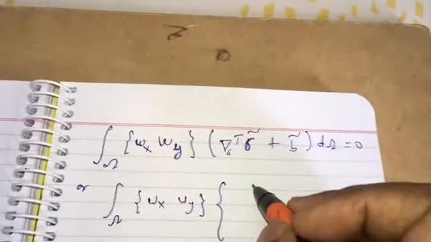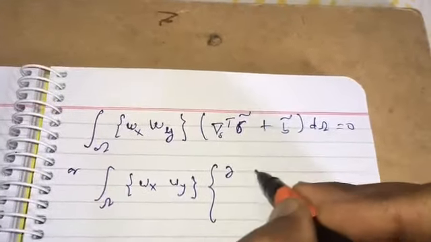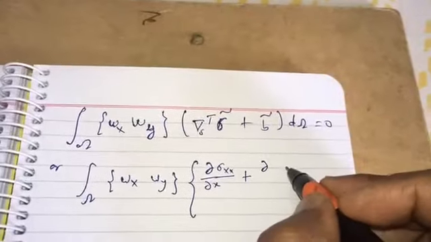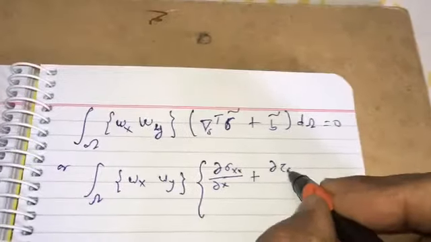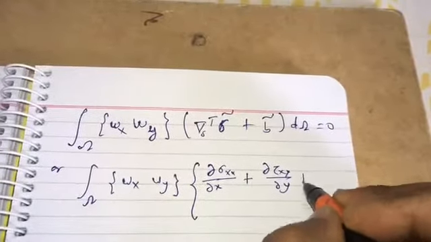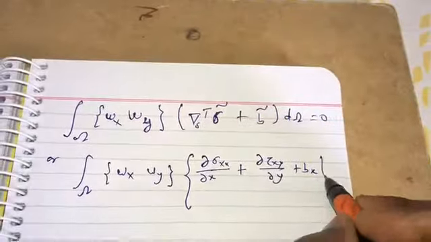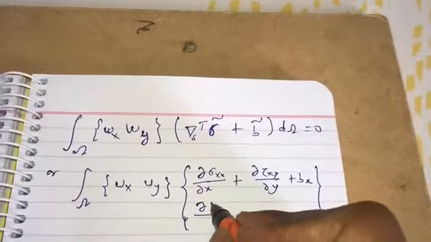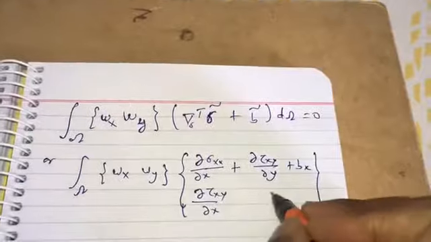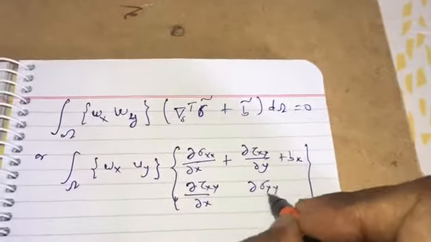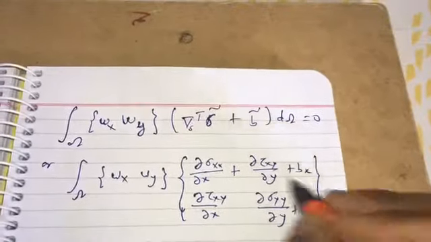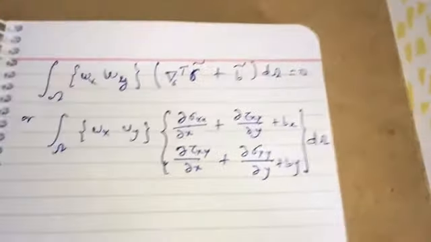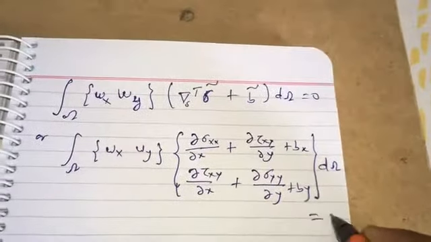If you expand further, this will look like the original del over del x sigma xx plus del tau xy over del y plus bx, and the second one will be del tau xy over del x and del sigma yy over del y plus by, and then we have d omega and everything equal to 0.